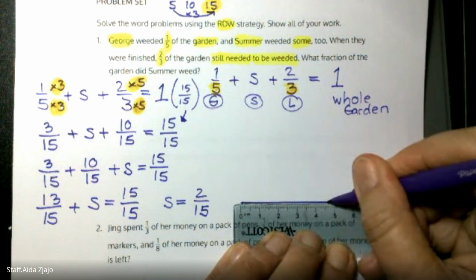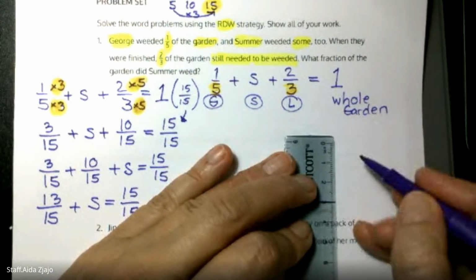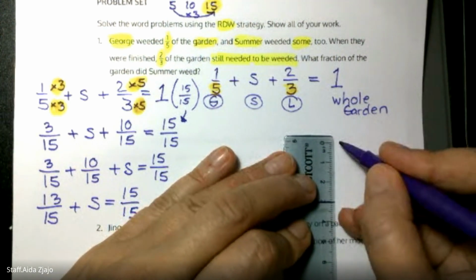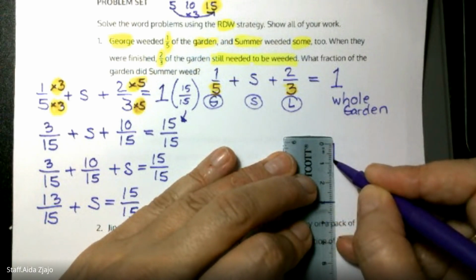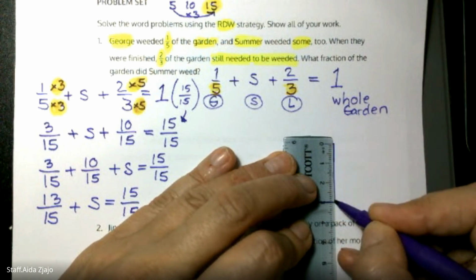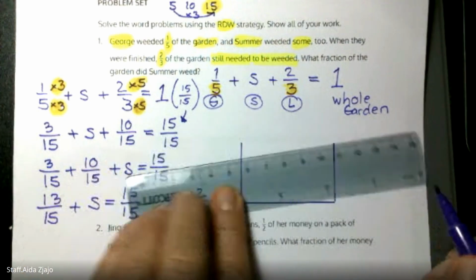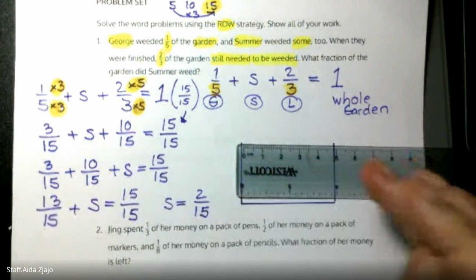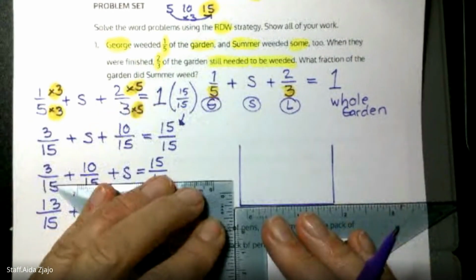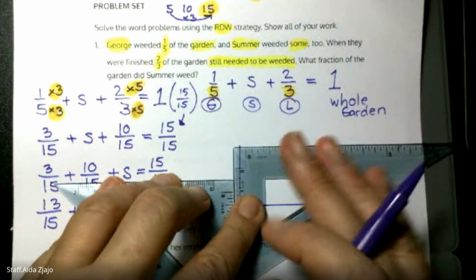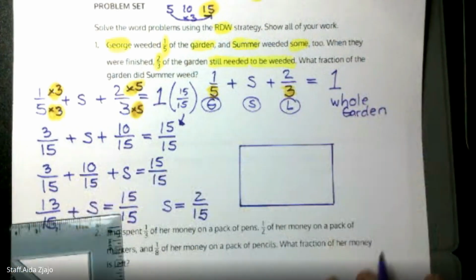So this is fifths, and I'm going to do the thirds like this. Okay.